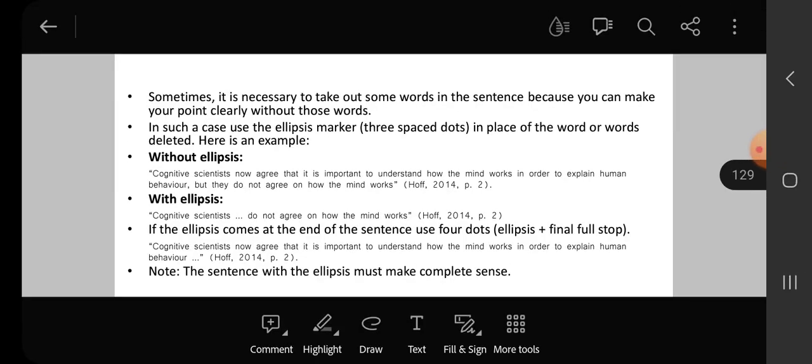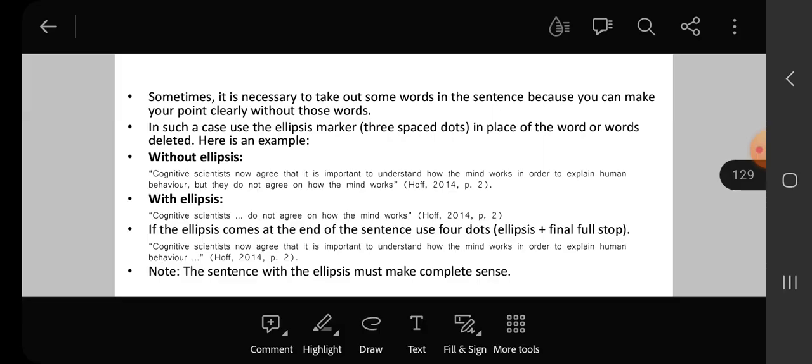So in such a case, use the ellipsis marker. That is the three dots in place of the word or words deleted. Here are examples. I'm giving you one with ellipsis, and then one without ellipsis.